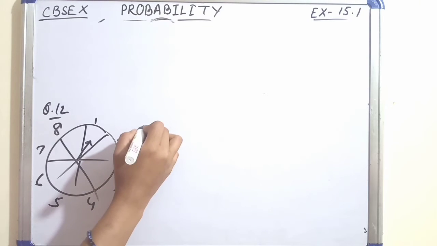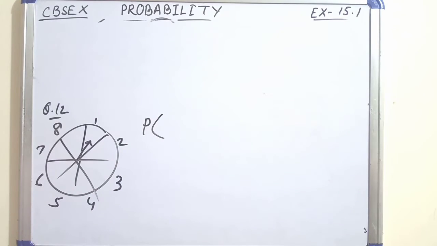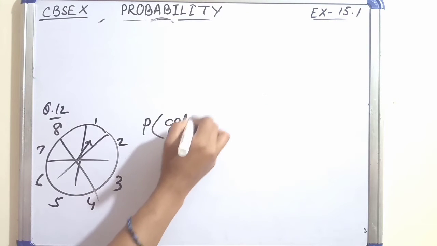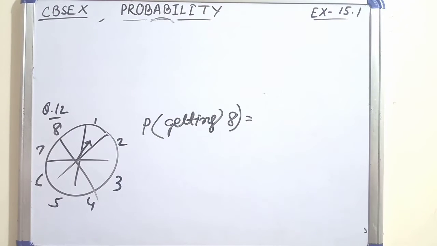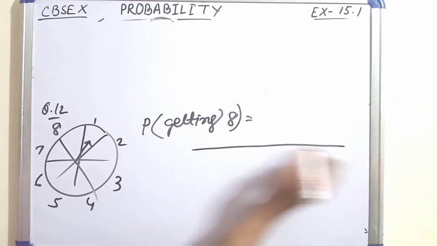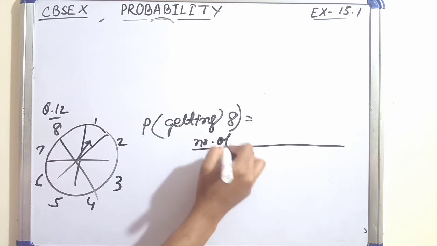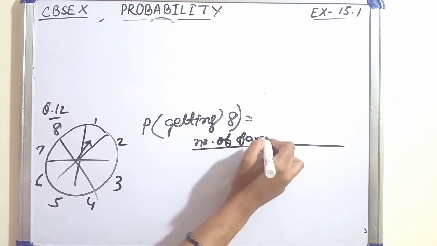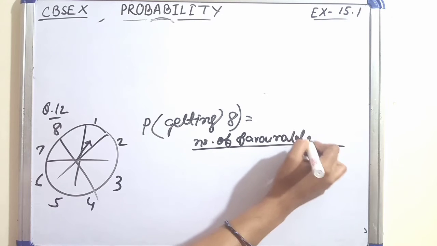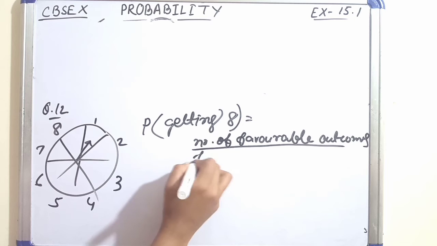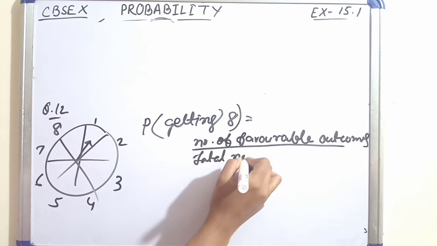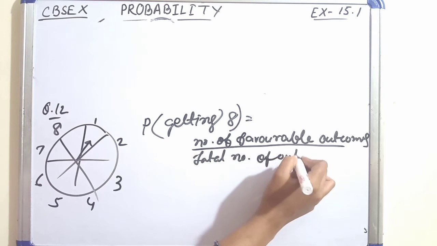So probability of getting 8 is equal to number of favorable outcomes upon total number of outcomes.